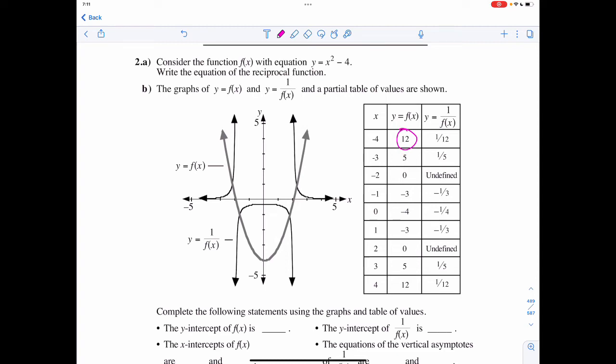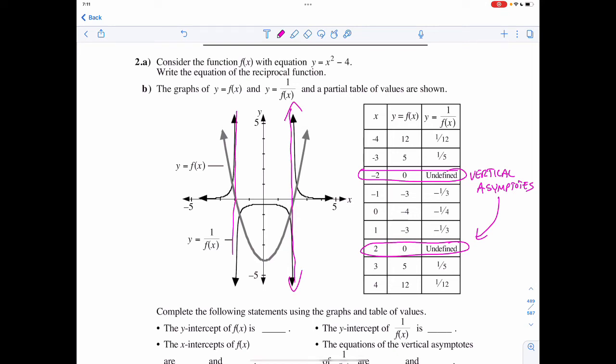I know that I can't take the reciprocal of 0, so these are the points that make up my vertical asymptotes. My imaginary line that exists here, my imaginary line that exists here, that they're going to get closer and closer to, but never actually be able to touch.